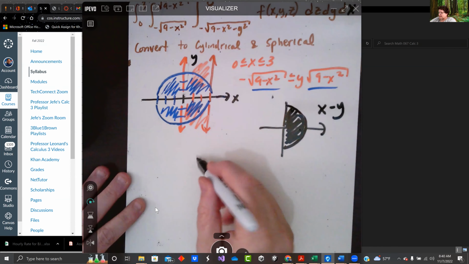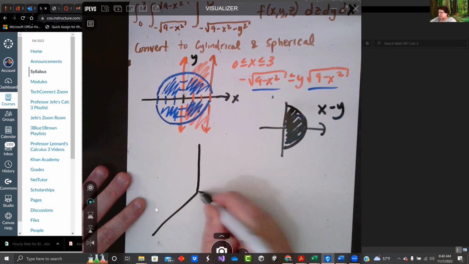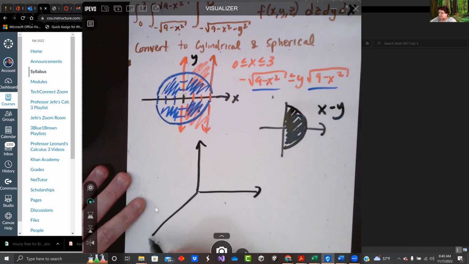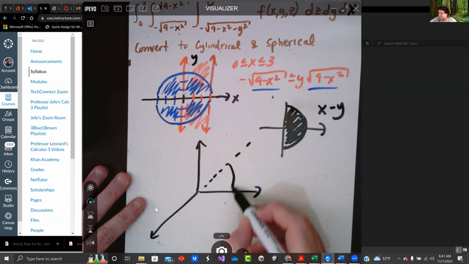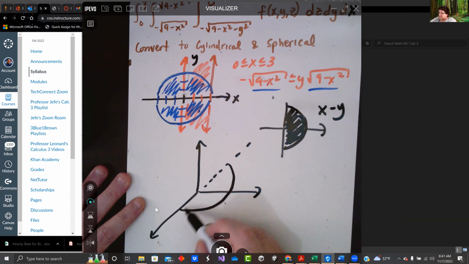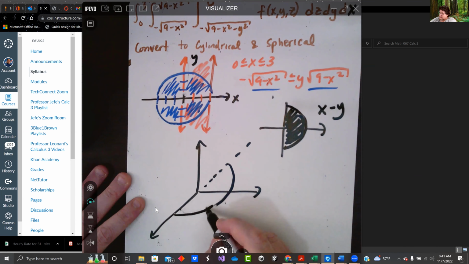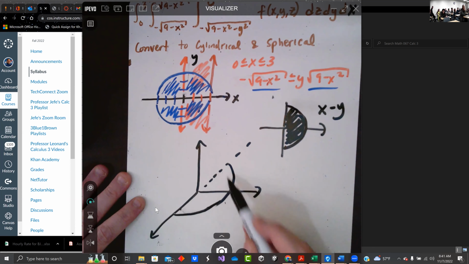So if I do that in the Z component, I am looking at something like this in the XY plane. Assuming I did that a little bit better, it's like a bowl.